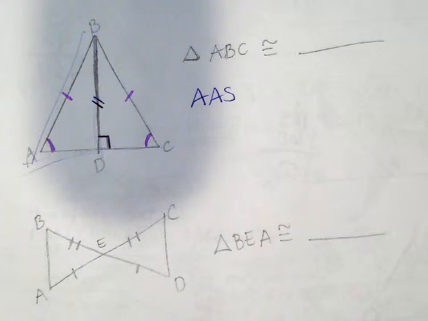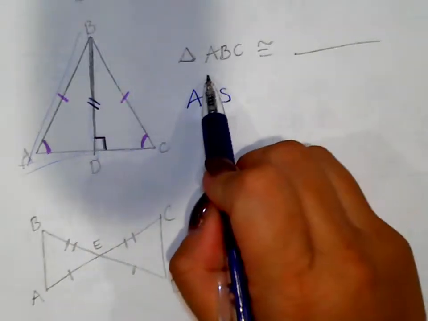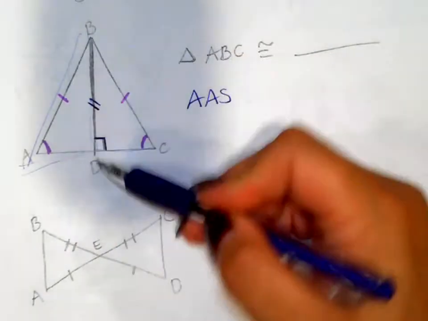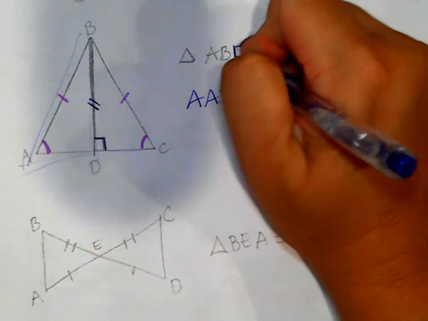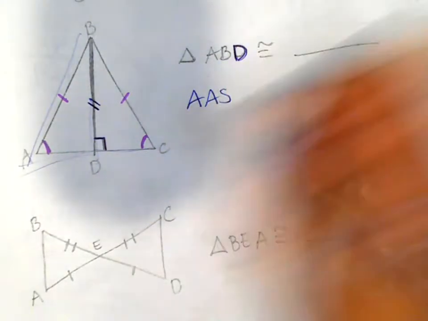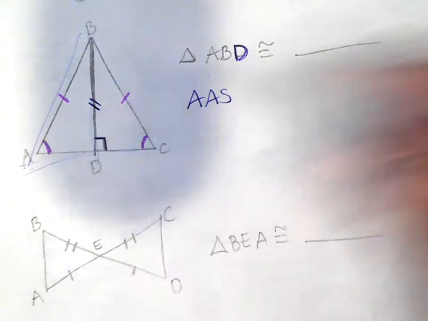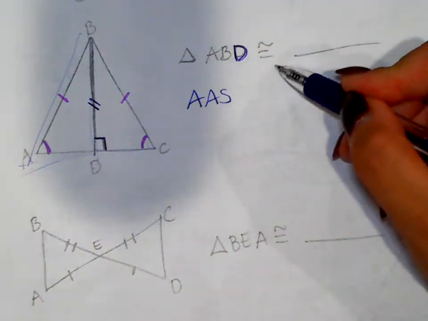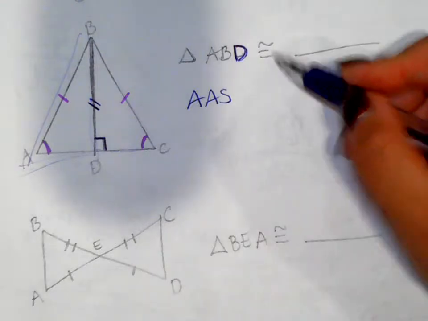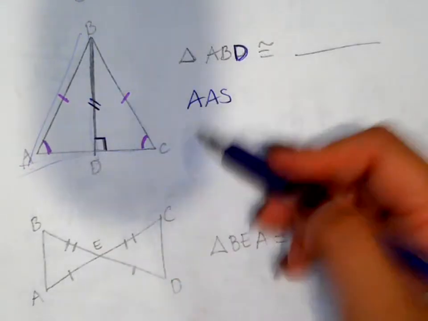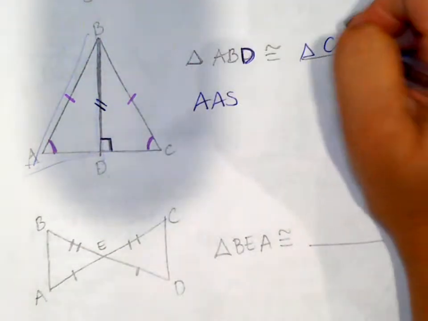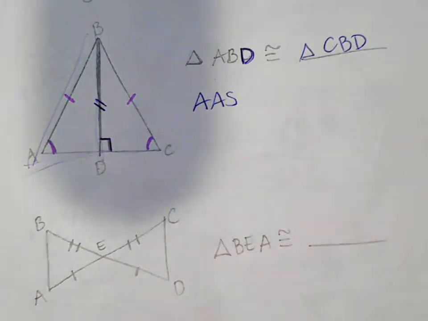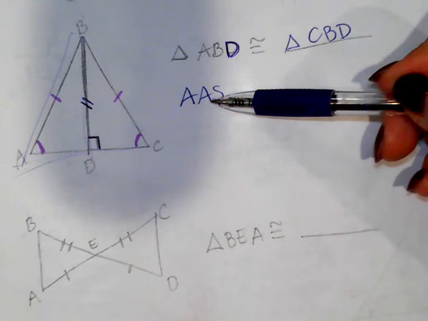This one came up as A, B, C, but that needs to be A, B, D. I need to write the congruency statement in the same order. So if it's A, B, D, then it's congruent to triangle C, B, D, and they are congruent because of angle, angle, side.